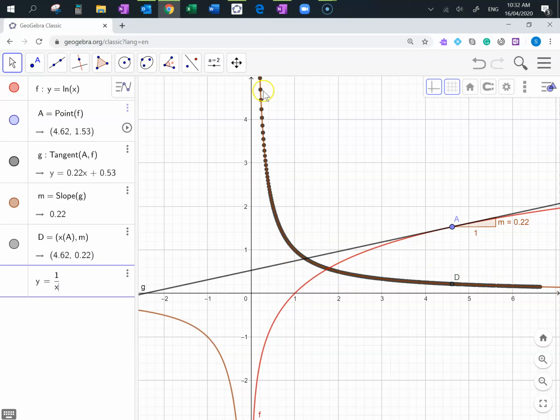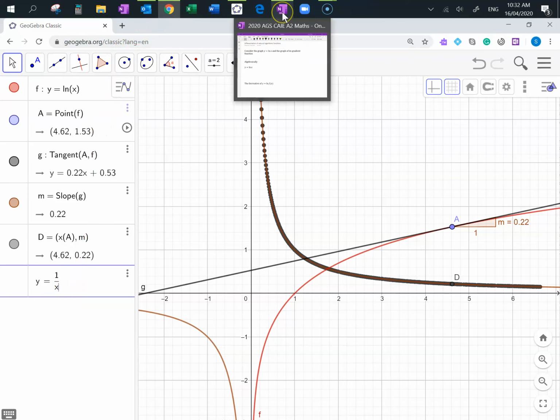And so we have now got the gradient function for the logarithmic graph. So when I take the derivative of a logarithmic graph, I'm going to come up with the hyperbola 1 over x.